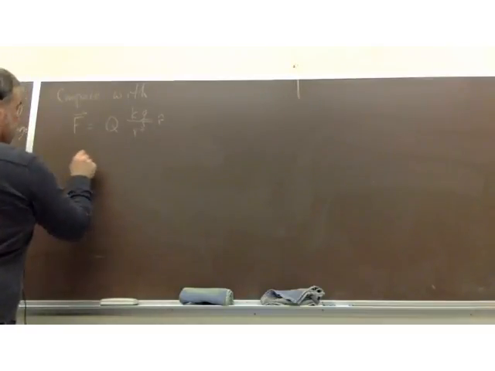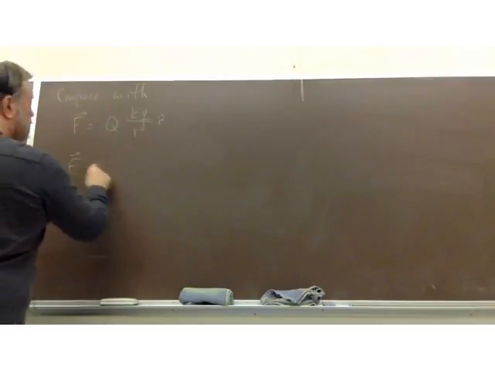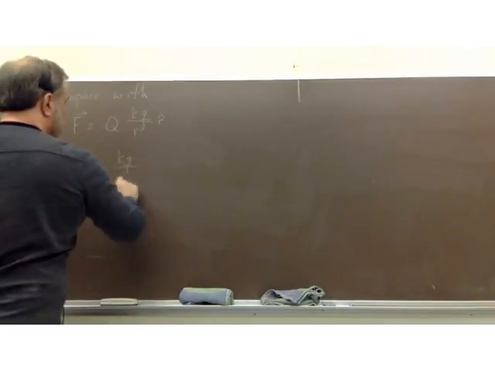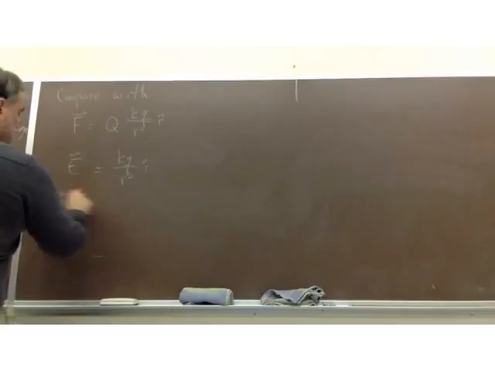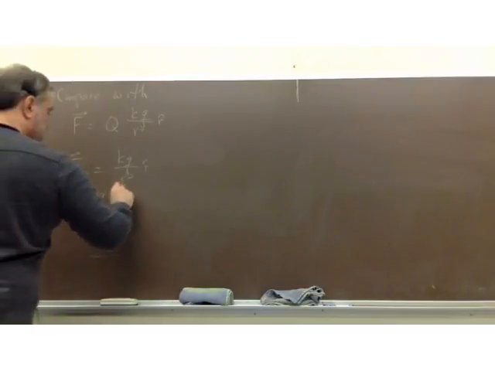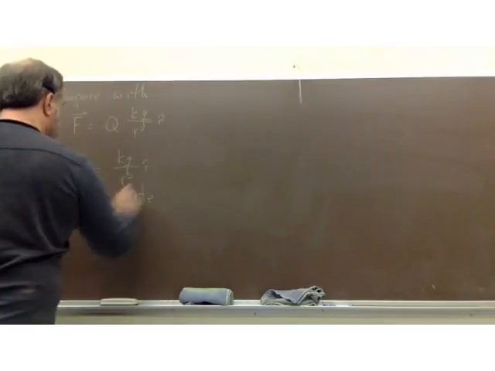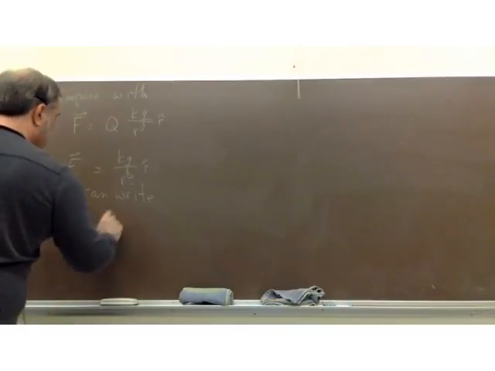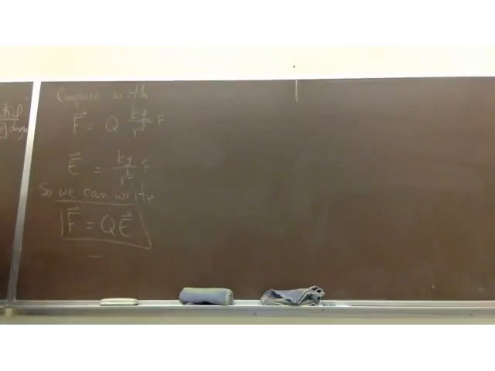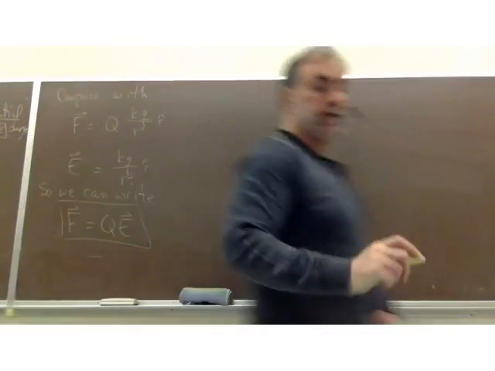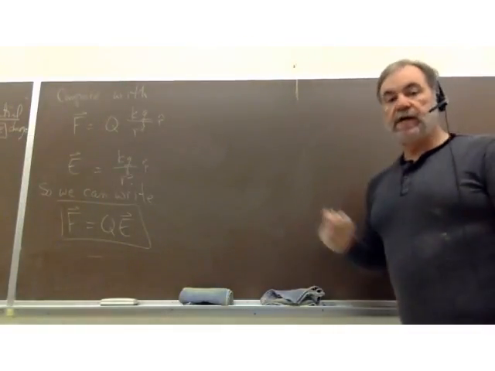Then I defined E as KQ over R squared R hat. And then we could write Coulomb's law in a trivially simple way. All right, so we're following exactly the same path.